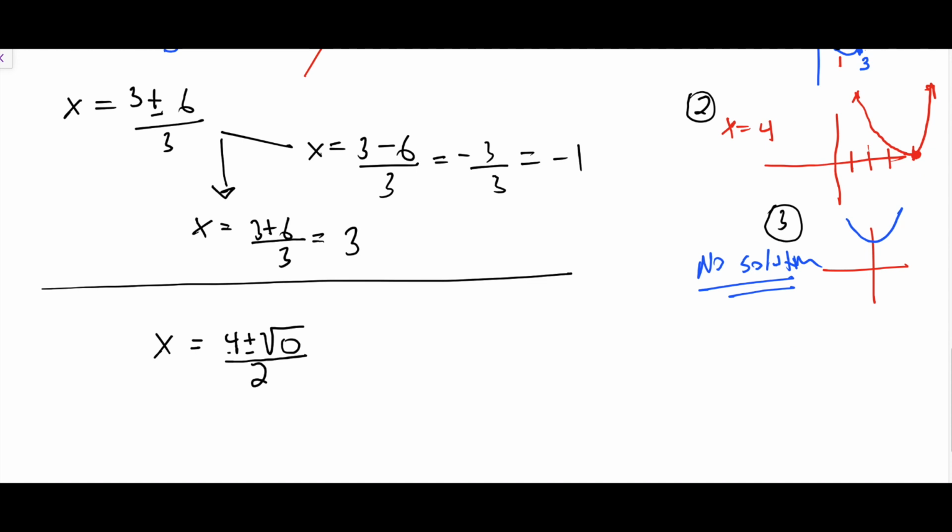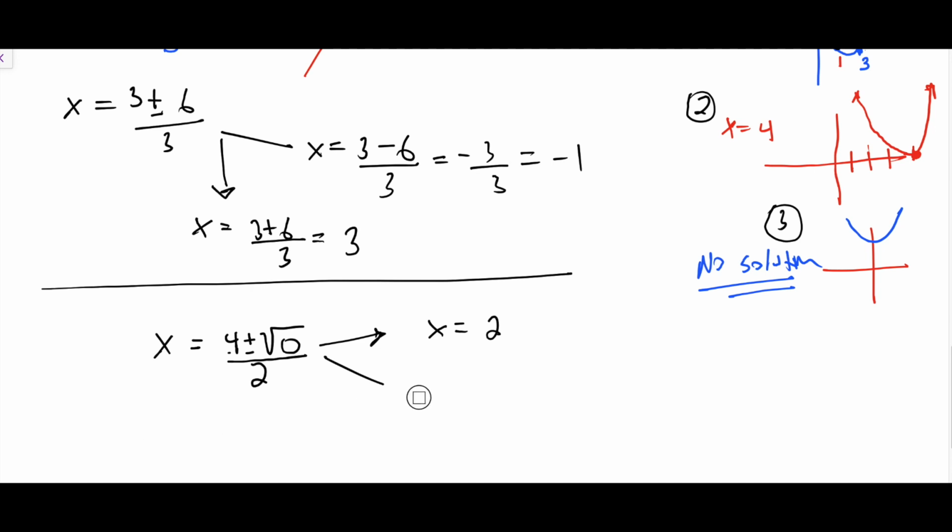What are your answers going to be? First it would be 2. So x equals 2. And then x equals 2. Do we have to write it down twice? No. How many solutions did we get?